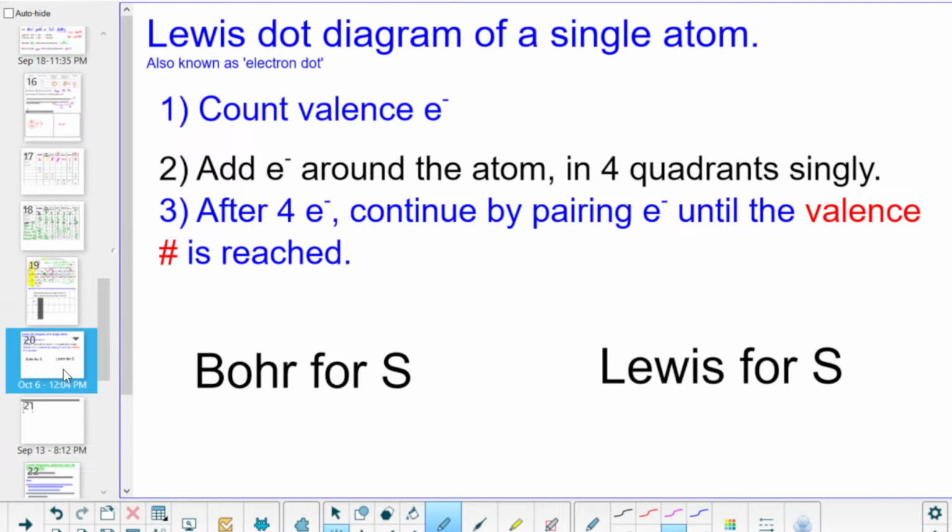Yes? I got a question. Slightly off topic, but let's say you take carbon. It's either plus 4 or minus 4.